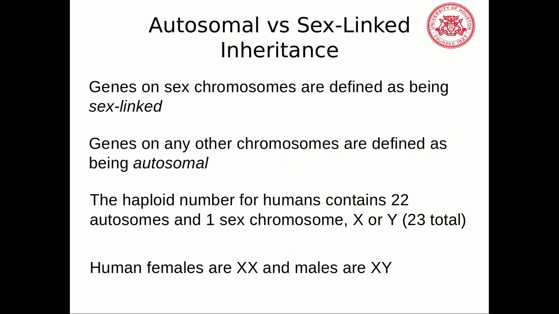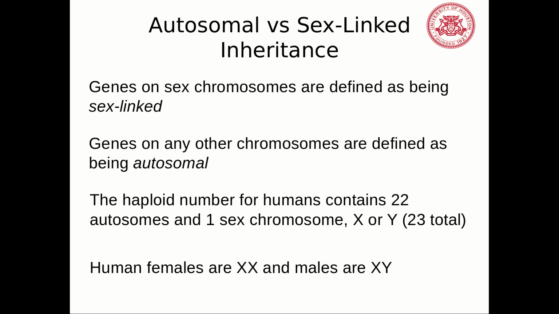So, autosomal. Autosomal are traits that are not sex linked. The chromosomes that are autosomal will be the chromosomes that do not deal with creating the sexual physiology known as male or female.